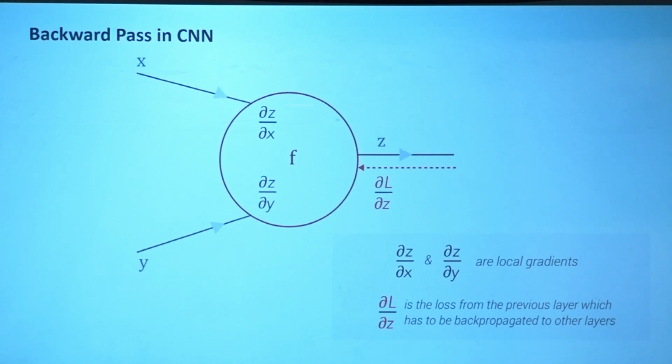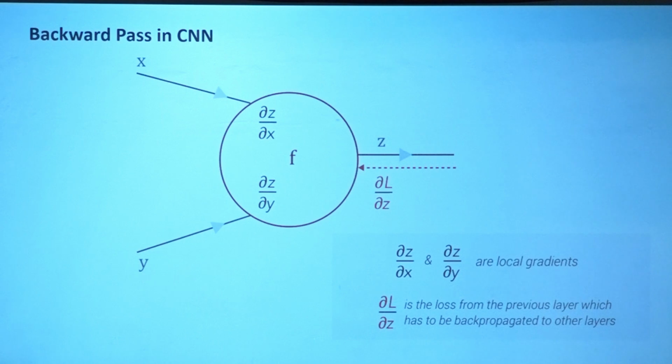Now from this, as this function is defined in terms of x and y, you can get the local gradients: dou z by dou x and dou z by dou y.